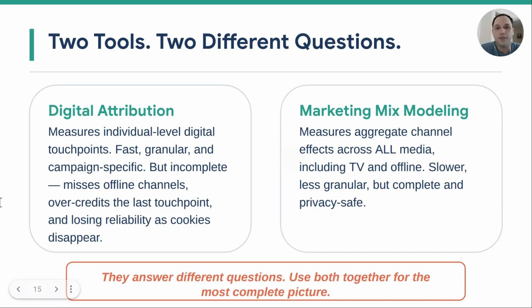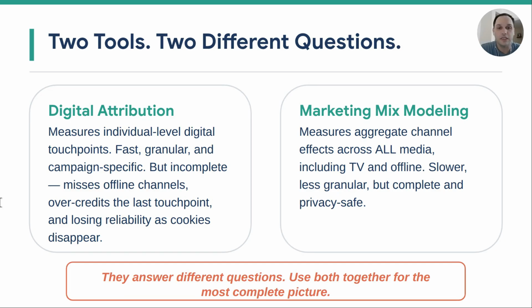It's worth being clear about how MMM fits alongside digital attribution, because they're often positioned as competitors when they're actually complementary. Digital attribution measures individual level touch points. It tracks specific users through specific digital interactions and assigns credit to specific ads or campaigns. It's fast, granular, and great for campaign level optimization, but it's incomplete.